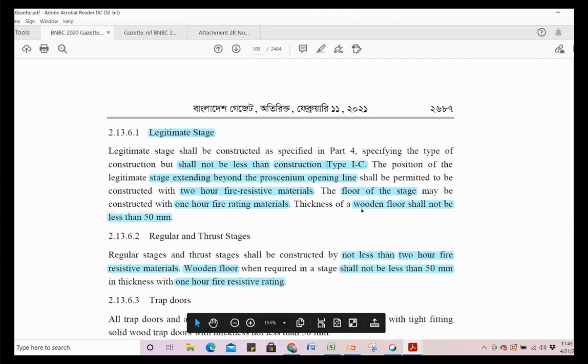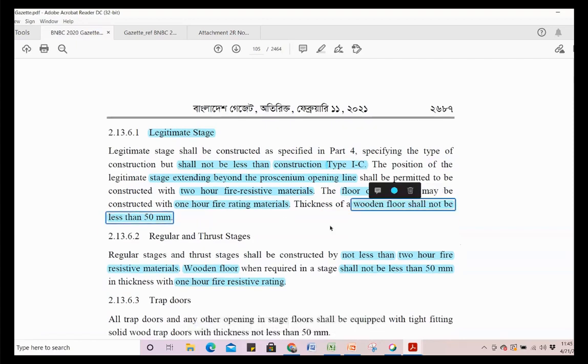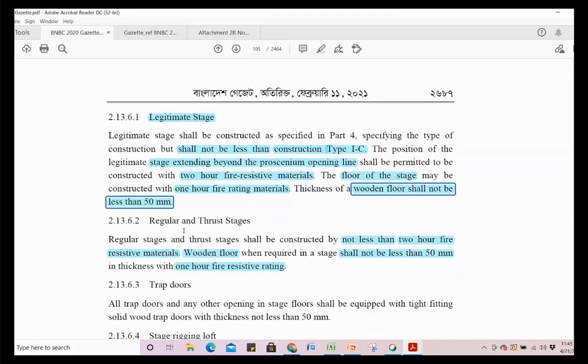So to ensure that fire rating, we need to work on the thickness of the wooden floor or other treatments if necessary. For a regular and thrust stage, regular stages and thrust stages shall be constructed by not less than 2-hour fire resistive materials. Wooden floor, when required in a stage, shall not be less than 50 millimeter in thickness with 1 hour fire resistive rating.